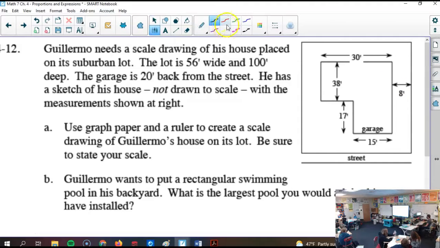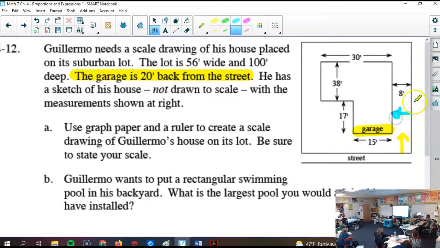Oh, there's one more piece of information they didn't put in the drawing. The garage is 20 feet back from the street. And we already know that this is how many feet? 8.